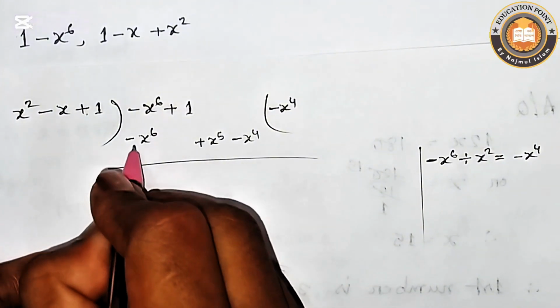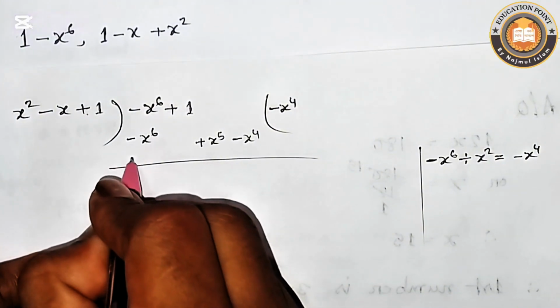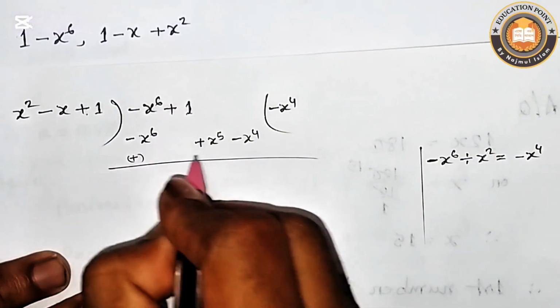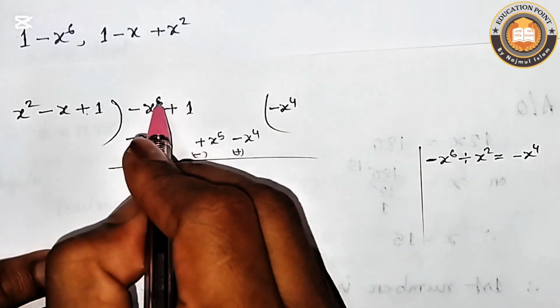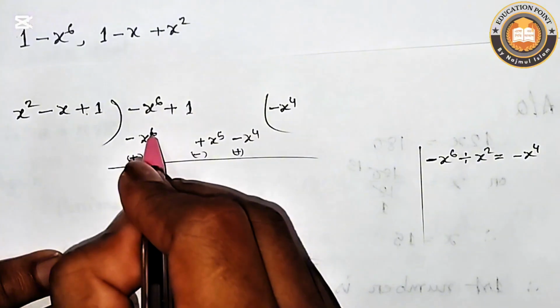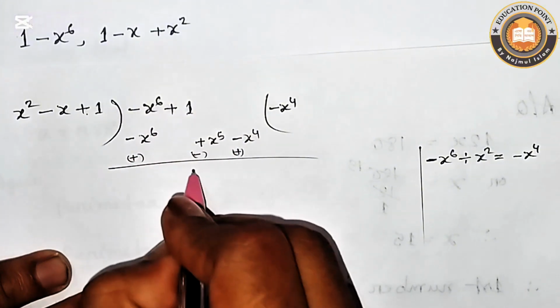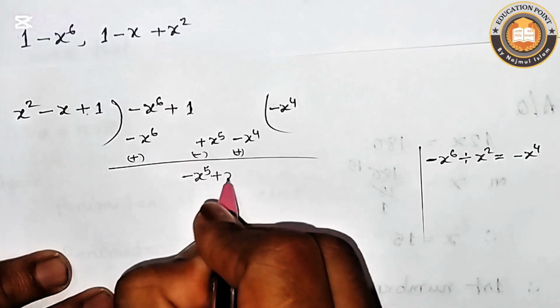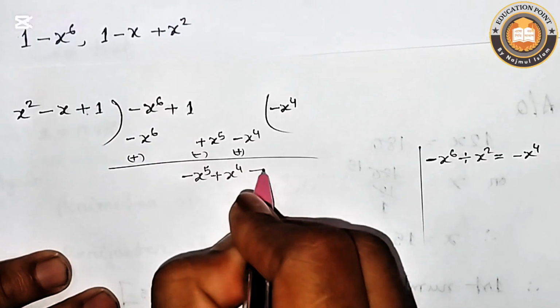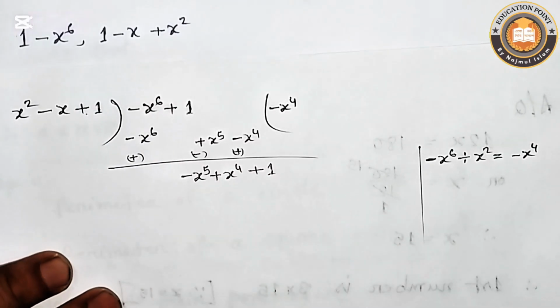According to the division law, the symbols will be changed. Minus x to the power 6 plus x to the power 6 equals 0. Then we can write minus x to the power 5 plus x to the power 4, then plus 1.